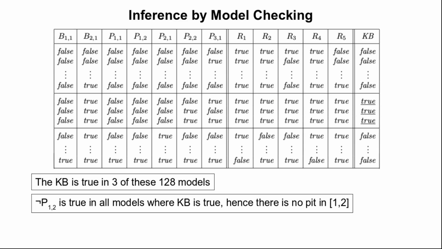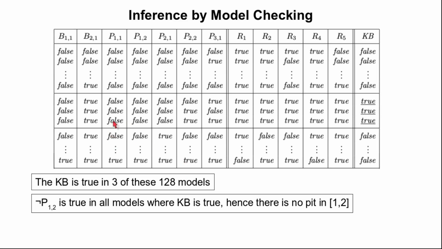Now we want to perform inference. As we said in model checking, we will enumerate all the possible models, and that has been done here in this table. We have enumerated all the 128 models. Of course, some of them are not shown here, but we have enumerated all the 128 different possible models.